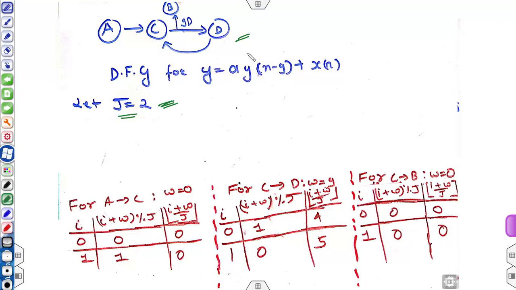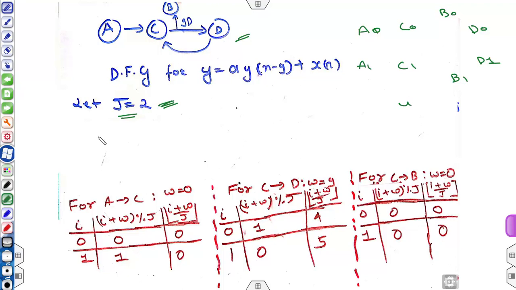Okay, so A0, A1, C0, C1, B0, B1, and so for each node in the given graph you have to draw 2 nodes in the unfolded version.